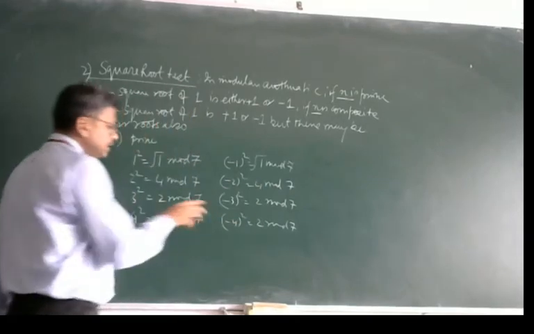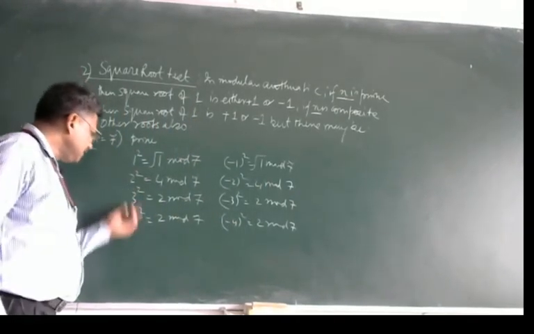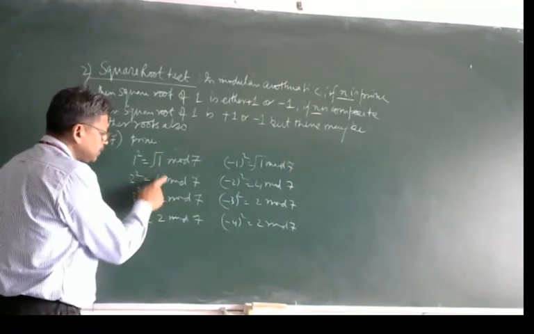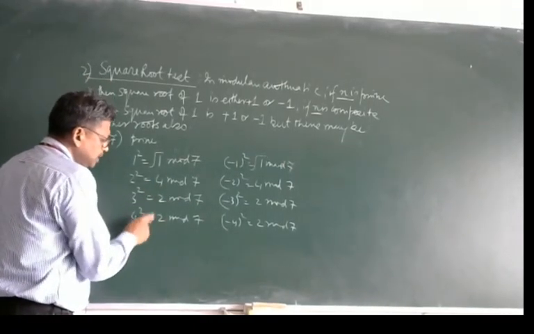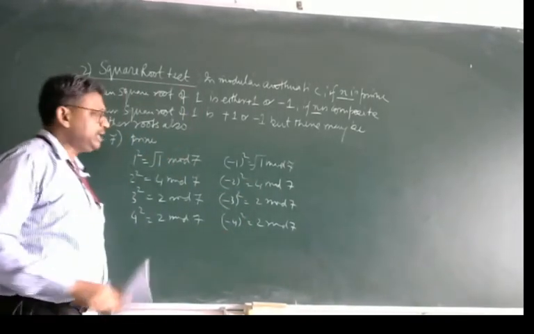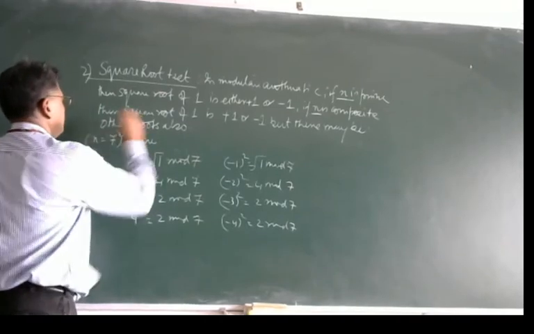No other number is going to give the result 1 on the left hand side. So it means 7 is a prime number.